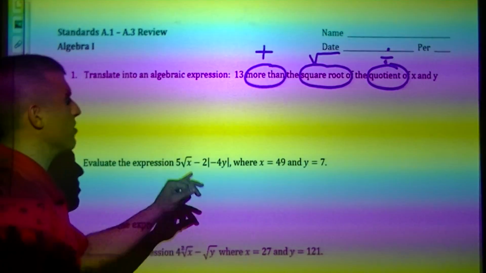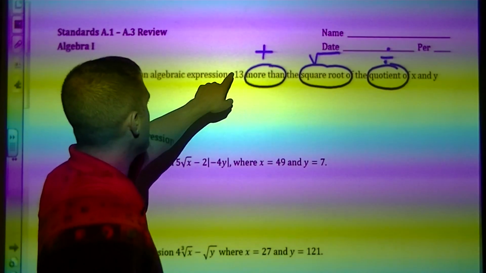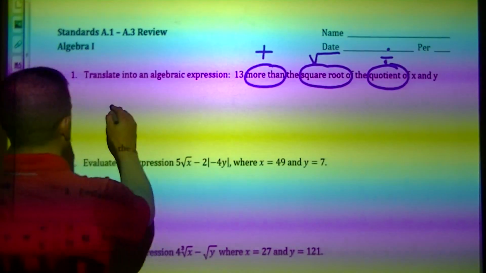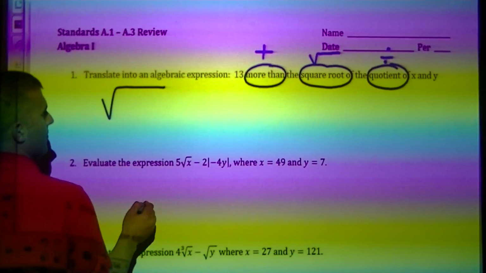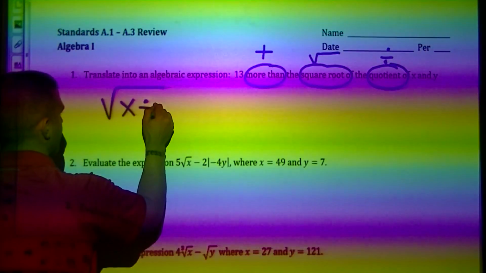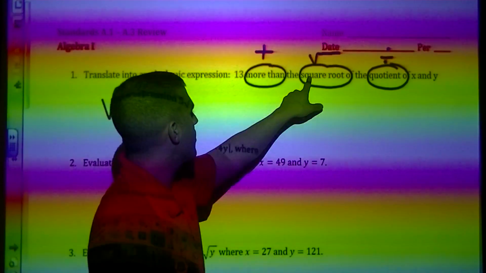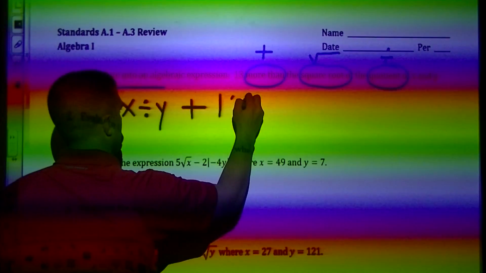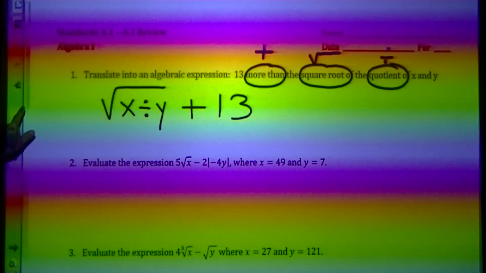So we work a little bit backwards here. 13 more than the square root of the quotient. So I'm going to have the square root, and you can do x divided by y. That's the square root of the quotient of x and y, 13 more. And that's number one.